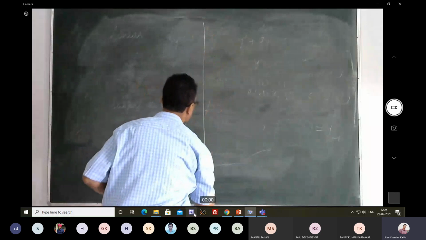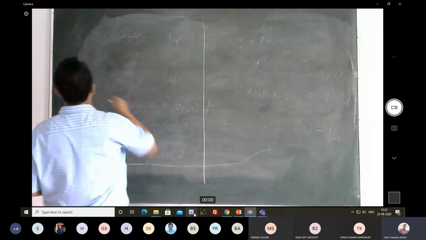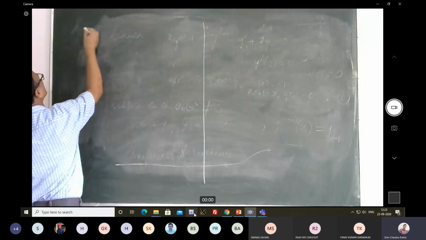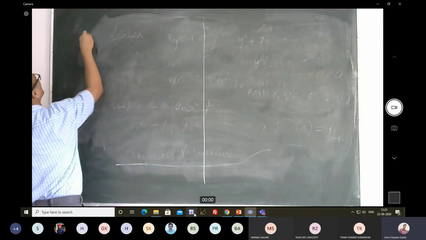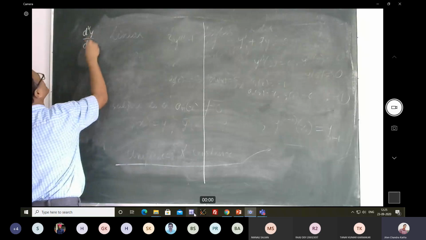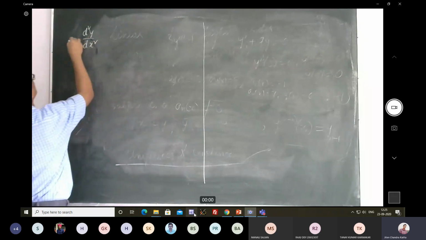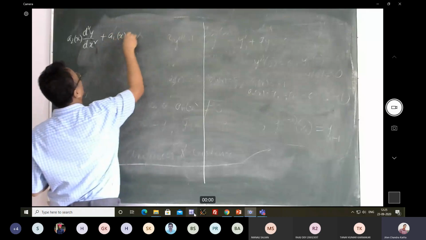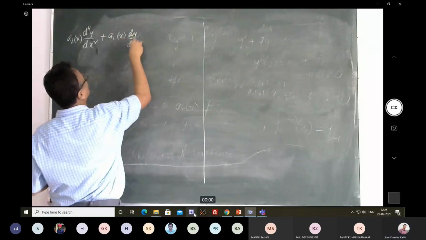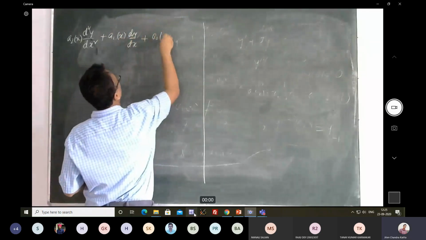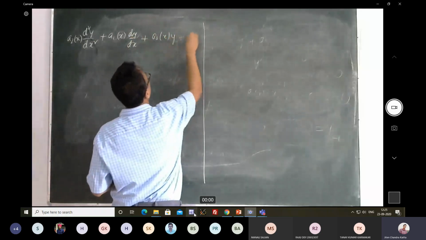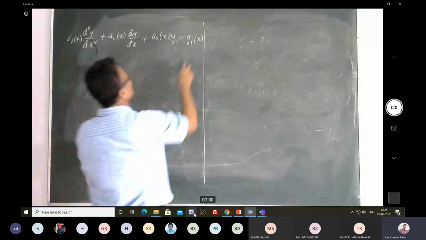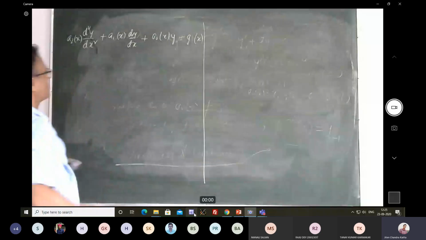Now suppose my ODE is given by this one. Simply, I can do something like this. Now that's y. So suppose this is equal to g1(x). Okay, fine.